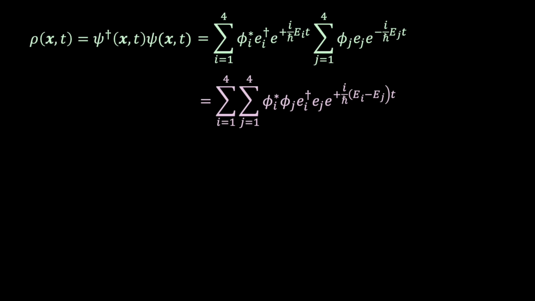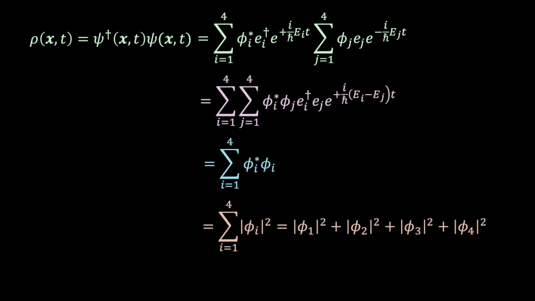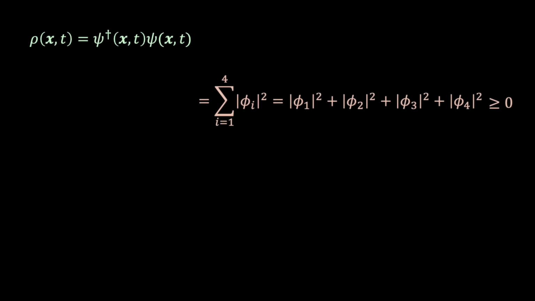And so, if we apply this to our probability density, we see that the expression simplifies drastically, and we're left with the sum of the modulus squared of phi 1, 2, 3 and 4. And since the modulus squared of any complex number is always greater than or equal to 0, it follows that the probability density is also greater than or equal to 0.